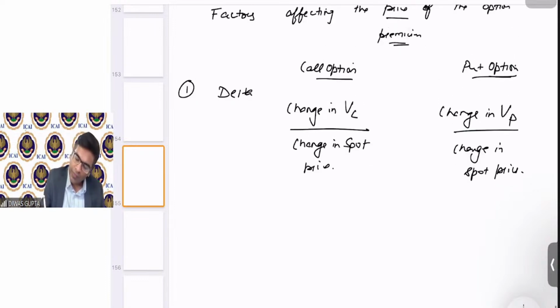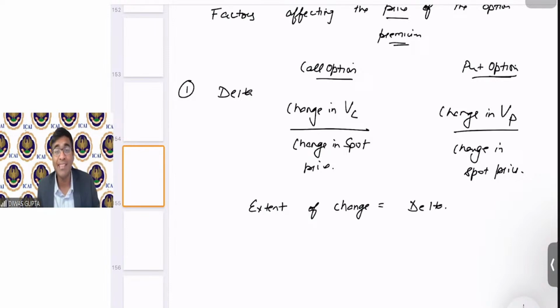So the extent of change is actually given by delta. By what extent the change will happen is given by delta.